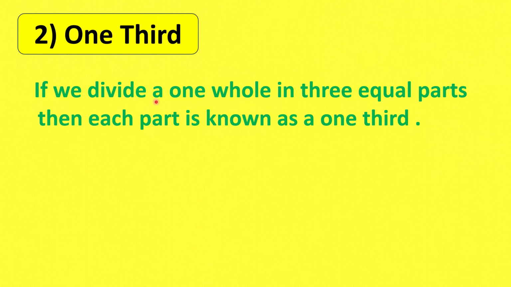Let me read the sentence. If we divide one whole in three equal parts, then each part is known as a one third.